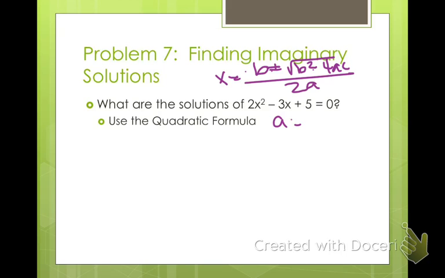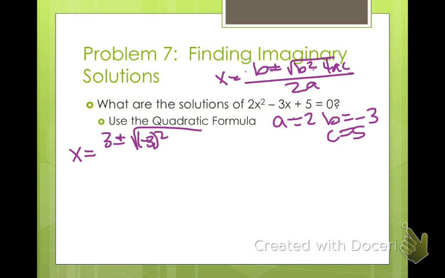So a is 2, b is negative 3, and c is 5. So x equals 3 plus or minus the square root of negative 3 squared minus 4 times 2 times 5, all over 2 times 2.